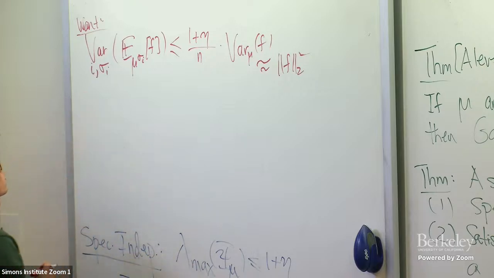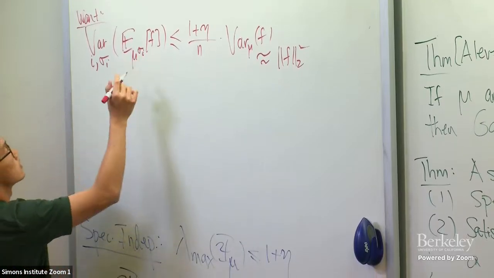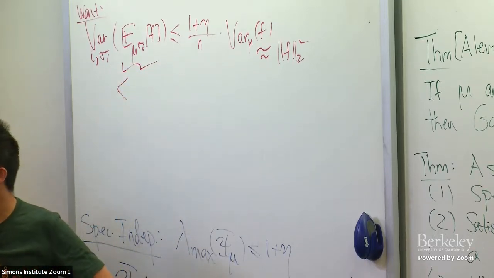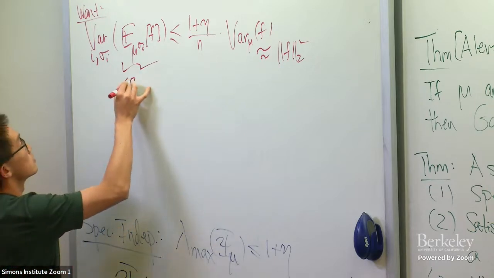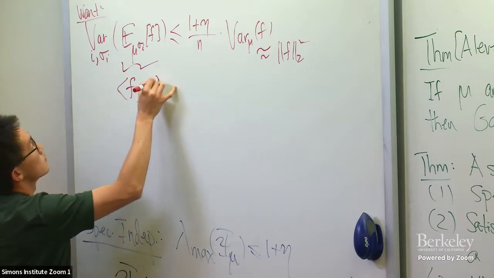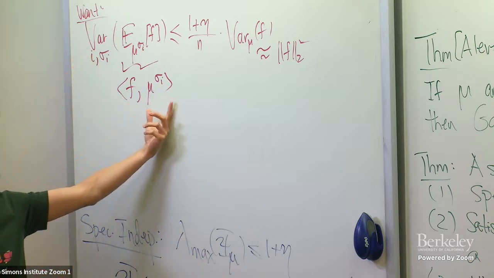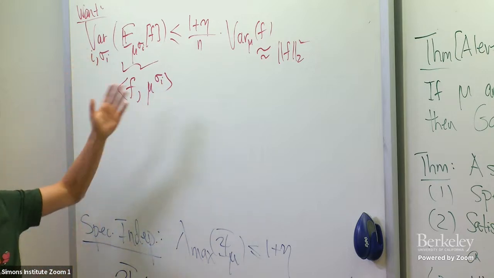So one way to interpret what this means is, okay, so this thing here, if I imagine f as being a 2 to the n dimensional vector, this is really an inner product. And this variance is kind of like I'm picking a random one of these inner products and squaring it, right?